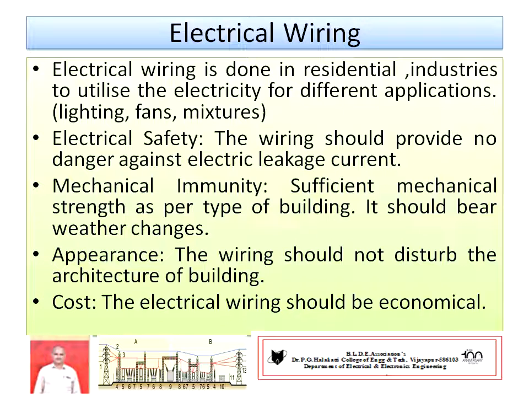Second, mechanical strength. Different types of wiring are required for different types of buildings. It should have sufficient mechanical strength and bearing capacity with changing weather conditions. The third factor, very important, is appearance. Wiring should not disturb the architecture of the building.